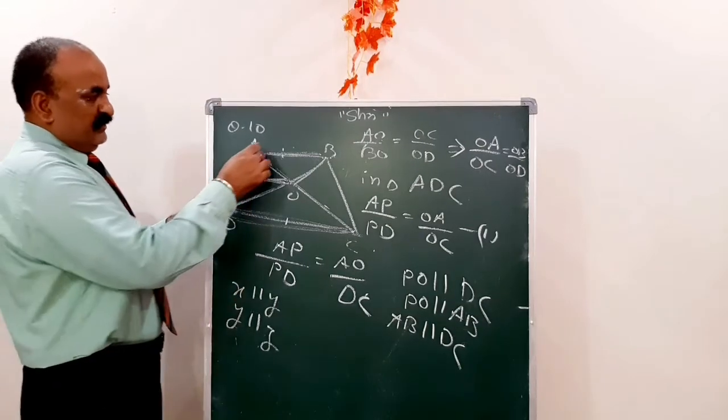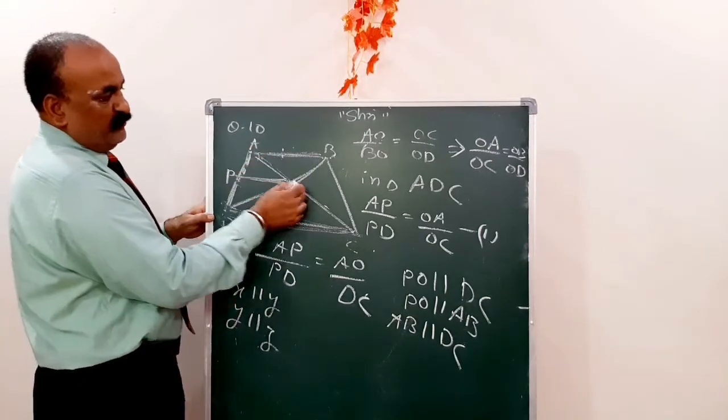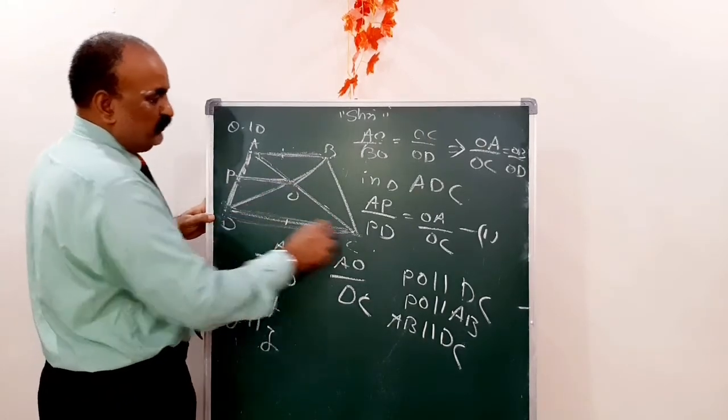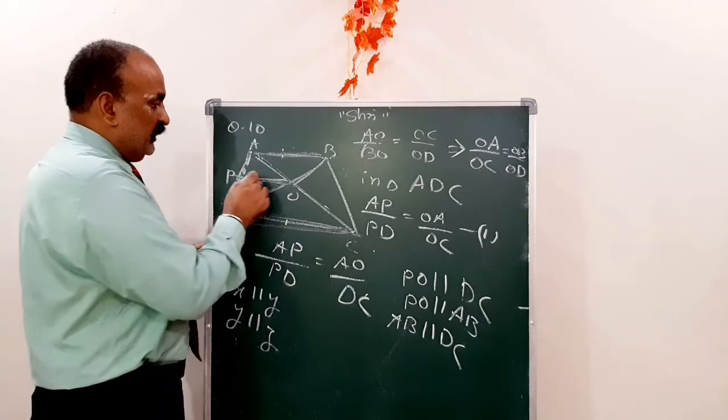Okay? Because AP upon PD is equal to AO upon OC, it means PO is parallel to DC. And how can you say that PO is parallel to DC?